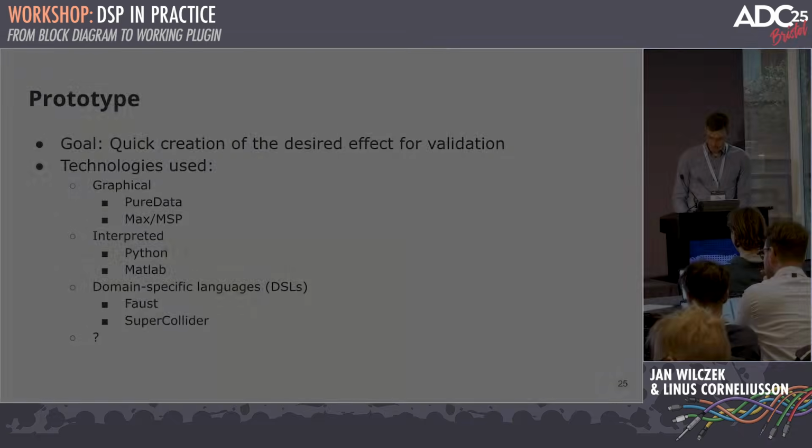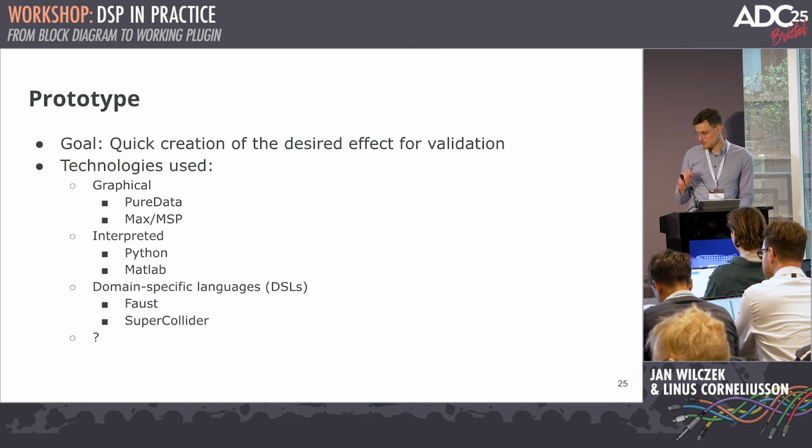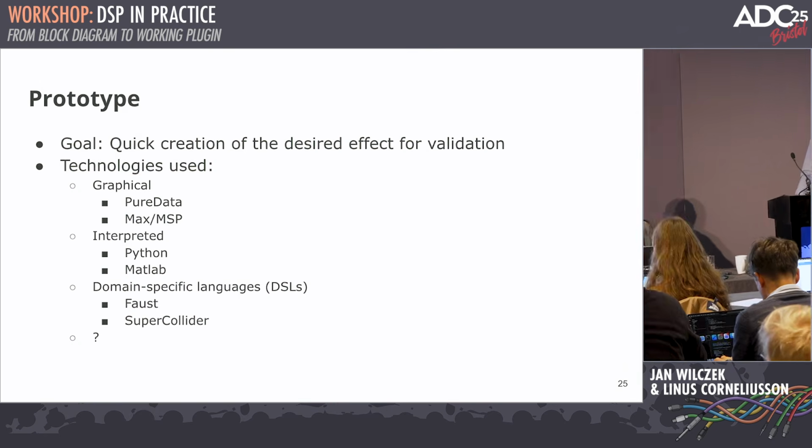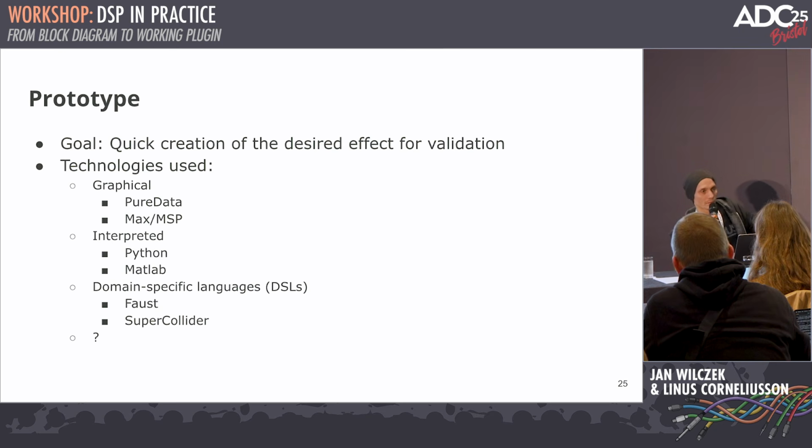Okay. So Linus, do you want to comment on how you prototype at Bogren? We try to stay in C++ as soon as we can, but that's maybe a bit specific to us since we need to start working with Jens. He needs to get his hands on all the minor parameters to tweak stuff behind the scenes.